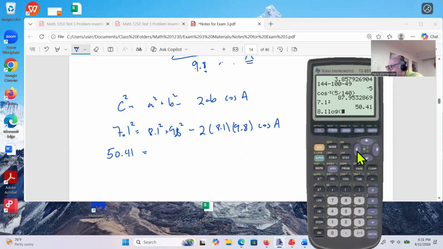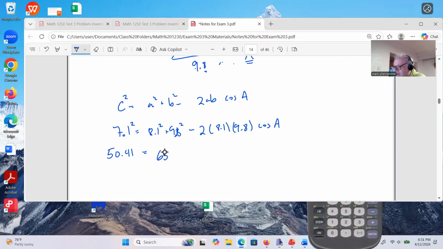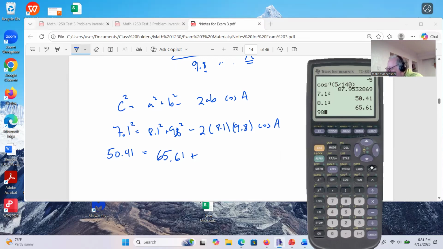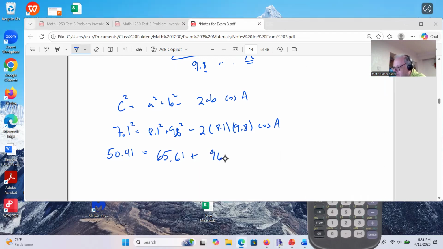Okay, 65.61. Plus 9.8, and we'll square it, equals 96.04. Okay, minus 2 times 8.1 times 9.8.